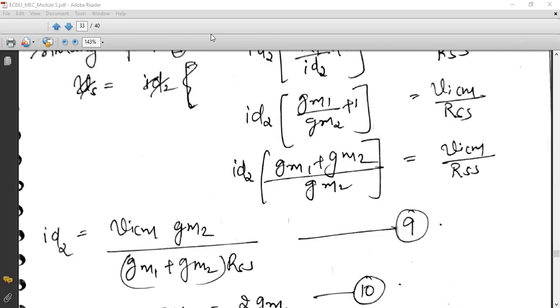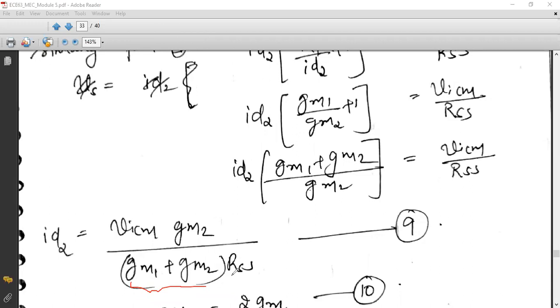So please try to understand that the transconductance of the individual transistors differ by a very small amount. Maybe 0.1%, 0.5%, 1% or like that. It is not necessary that if you take identical transistors, their transconductance will be the same. There will be slight mismatch.